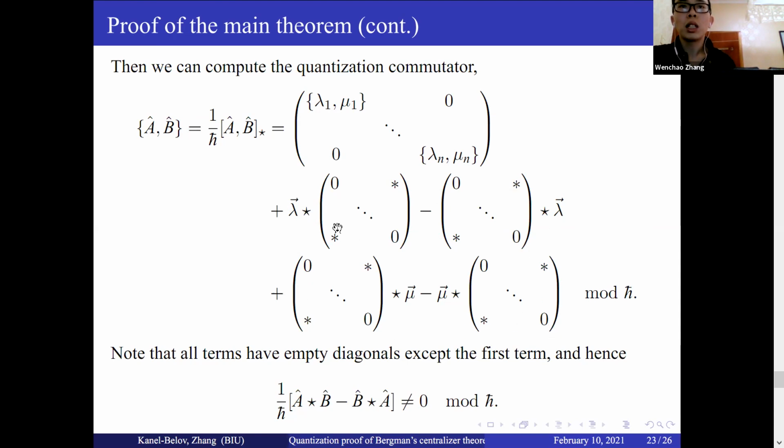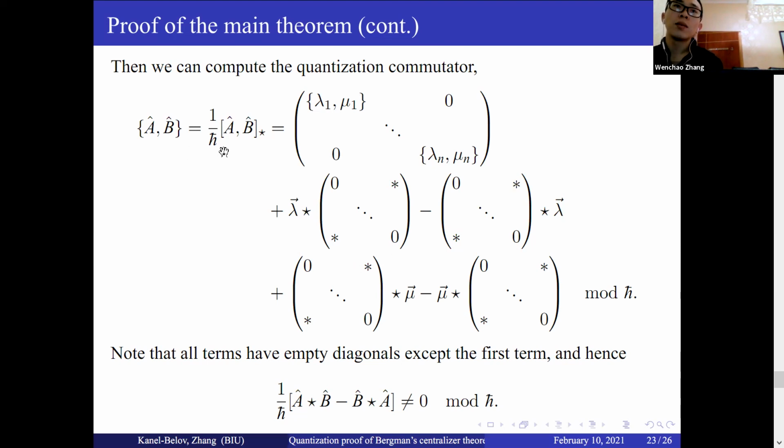We can show that for these matrices, the result of the four matrices all have empty diagonals except the first term, and the first term is the Poisson bracket of the eigenvalues. Since they are pairwise different, it's non-zero.